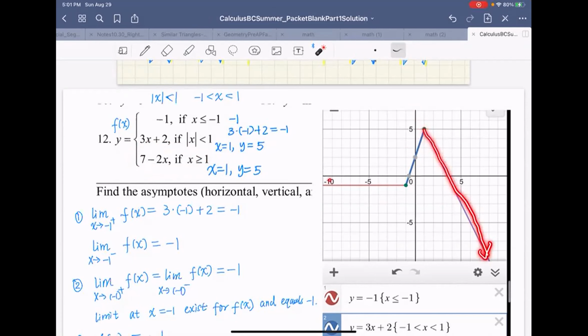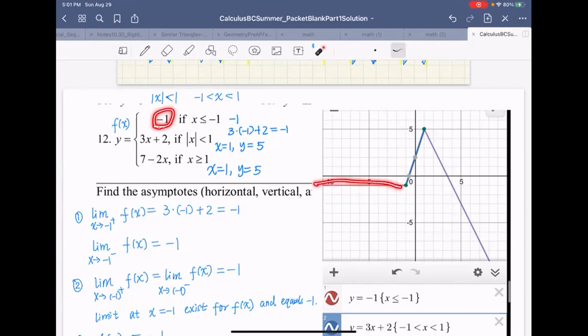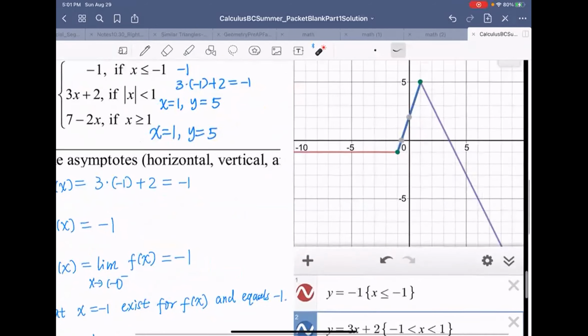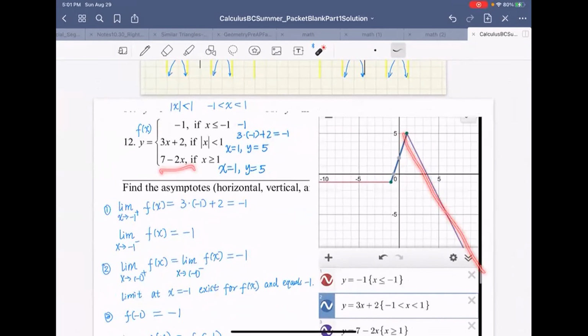That's this piecewise function. Does this have an asymptote? No, this one does not. This is a simple constant function. This is a simple linear one, a positive slope. This is a negative slope.